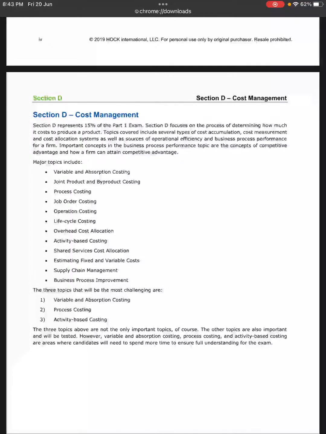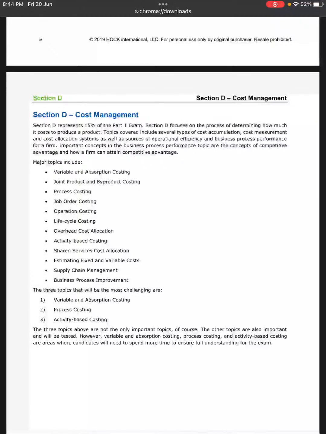What time that product will take, what cost is actually applicable to make a final product, we have to measure from this cost management process. Then I will identify whether that product has been efficiently produced and whether that performance is beneficial to the firm or not.